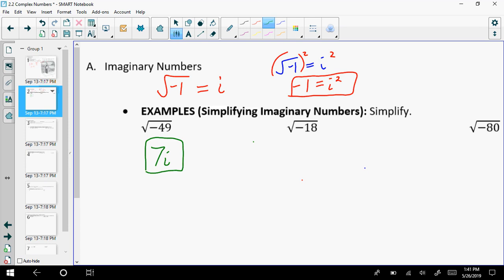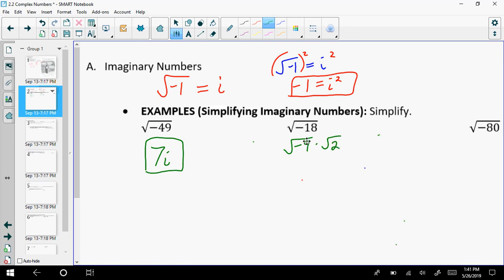Okay, let's try the next one. The square root of negative 18. For now, ignore the negative and let's focus on the 18. 18 is not a perfect square, but there is a perfect square in it. If you look at your list of perfect squares, the biggest one that goes into it is 9. So I'm going to break it up into negative 9 and 2, because 9 times 2 is 18.